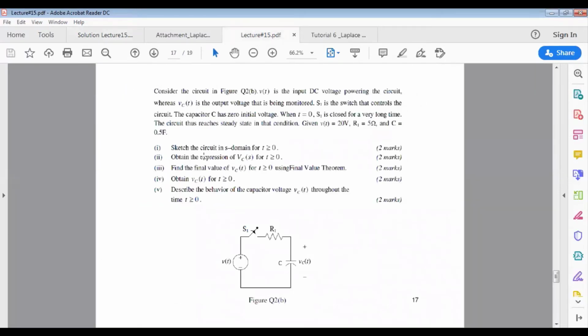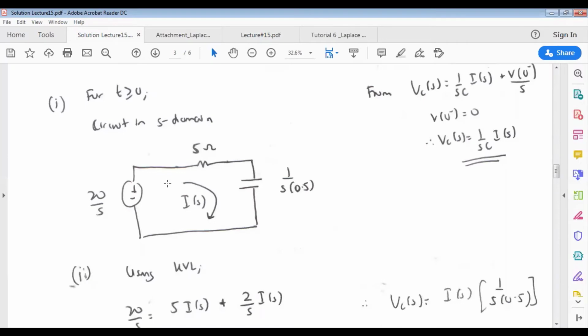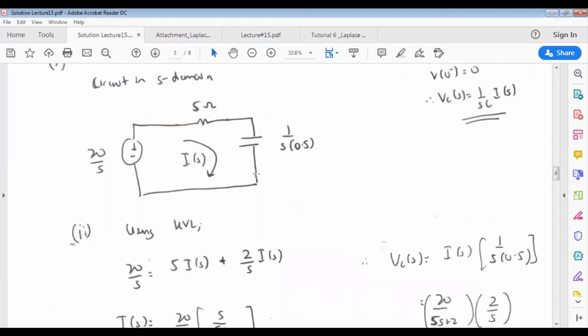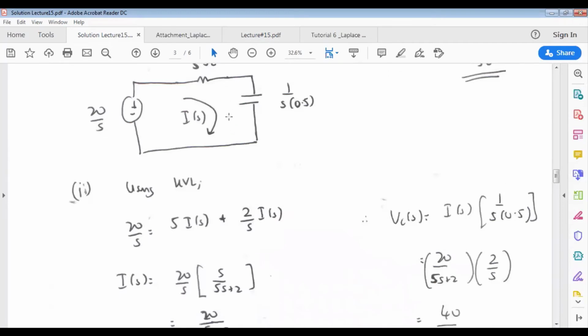Number 2 is to find the expression of VC(s) for t bigger than 0. VC(s) is the voltage across the capacitor. To find VC(s), we need to first find the current. Based on KVL, we have 20 over S plus 5 I(s) plus 2 over S of I(s).